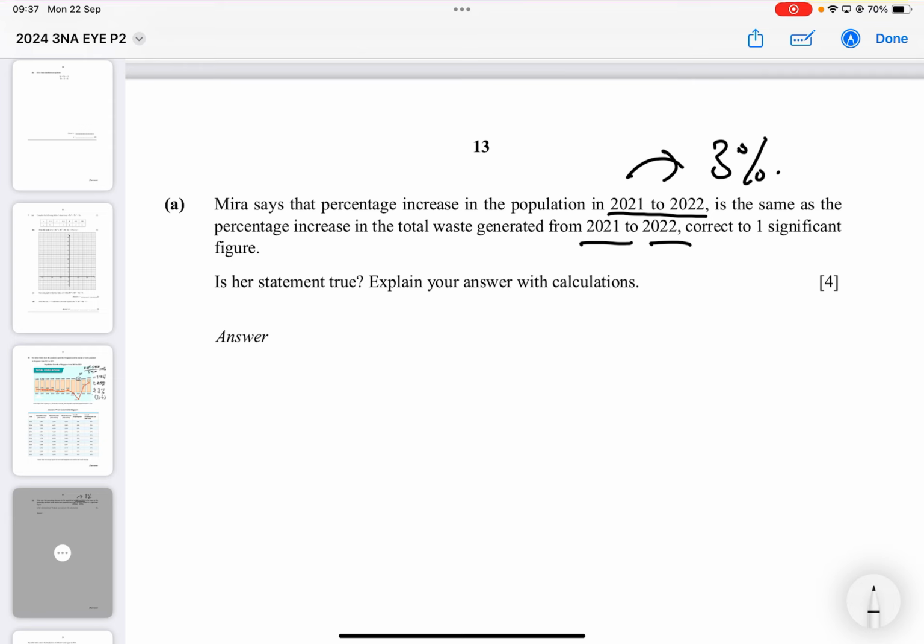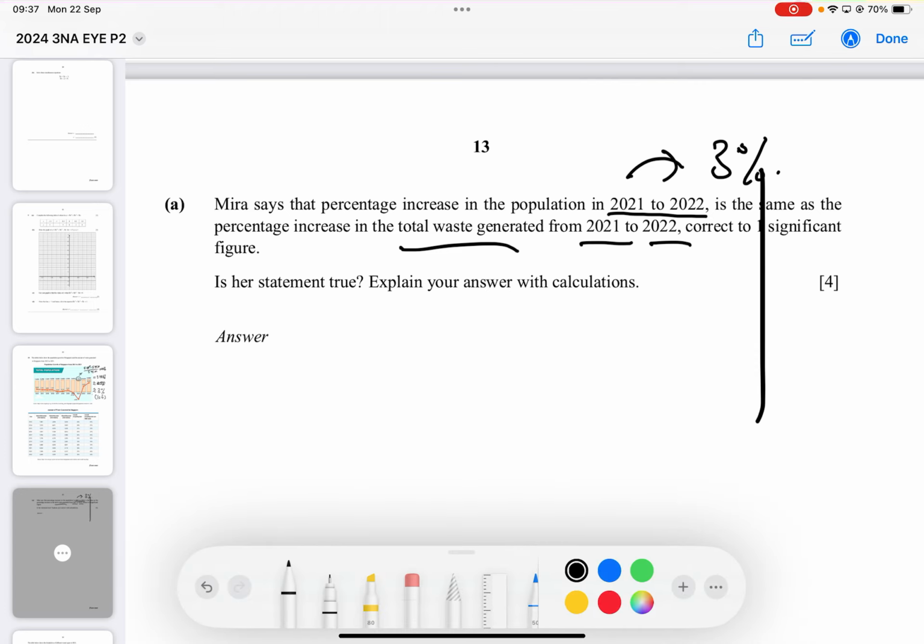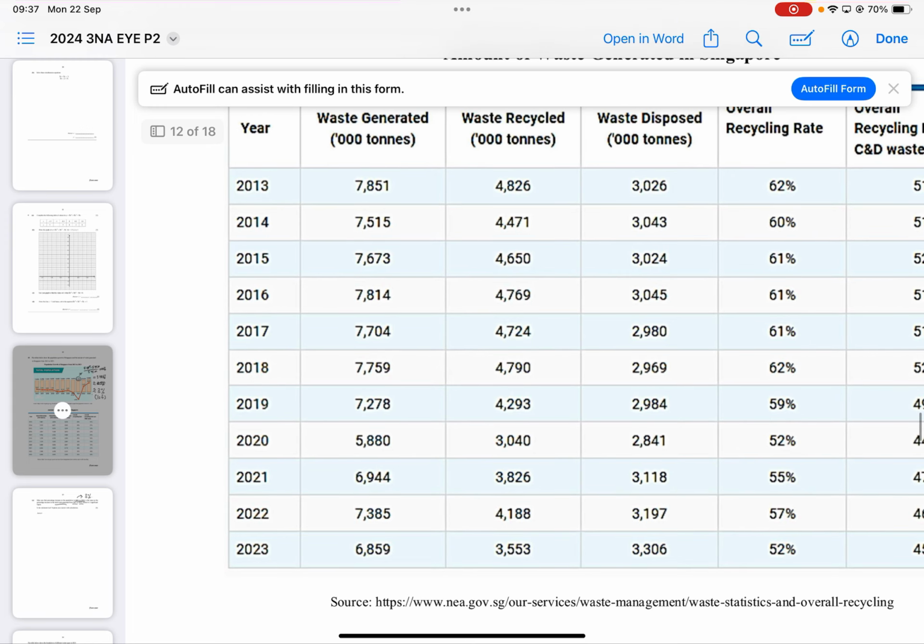Then we need to find the percentage increase in total waste. Okay, take note, it must be the total waste. So that when we go back to the graph, we know which number to look for. Okay? So when you look at this table, 2021 to 2022, you should be looking at these two rows.